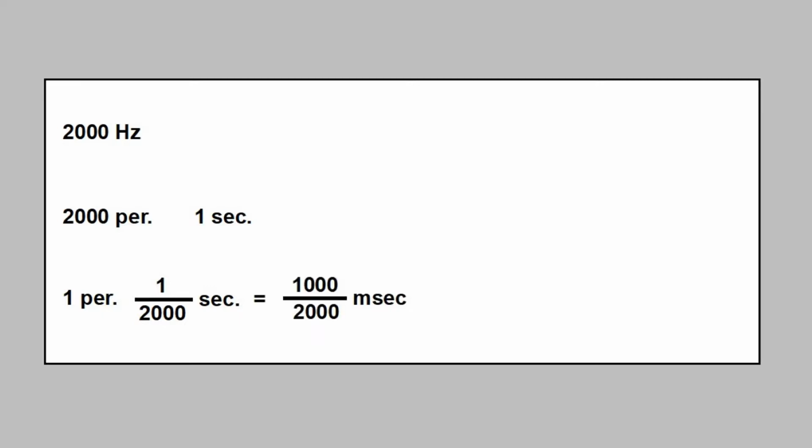If we measure in milliseconds, we must multiply by 1000 and we get this fraction. But we would like to have the number in microseconds. Therefore, we multiply with 1000 once again, and we get this fraction. When we have reduced the fraction, we see that each period takes 500 microseconds when the frequency is 2000 Hz.